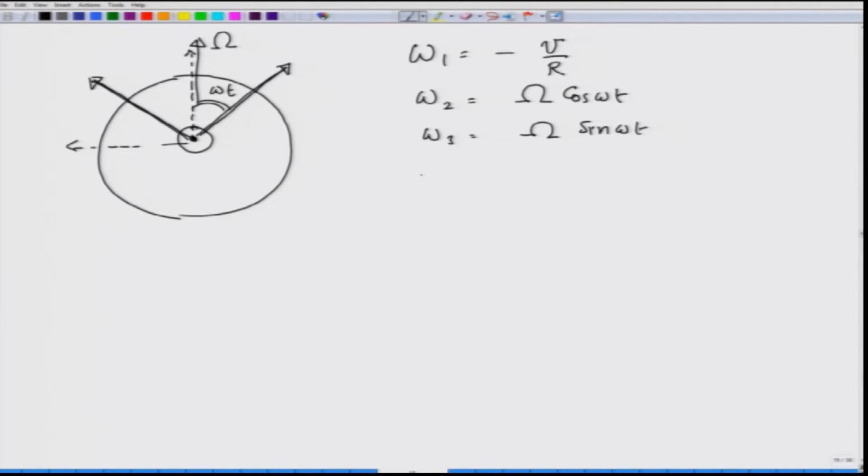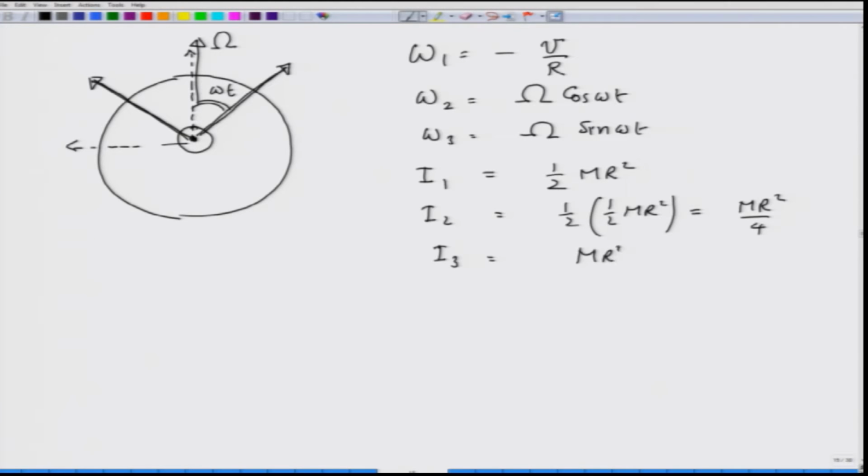How about I1, I2 and I3? I1 is 1/2 mr square, I2 is about diameter, so it is going to be 1/2 of 1/2 mr square. Since everything is symmetric, it is mr square by 4, and I3 is also mr square by 4.